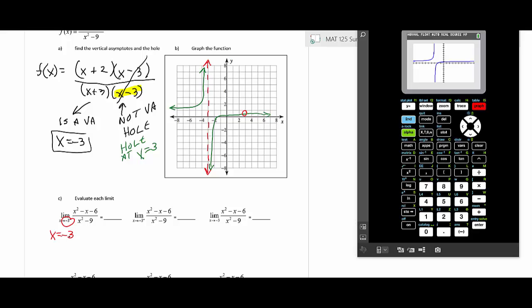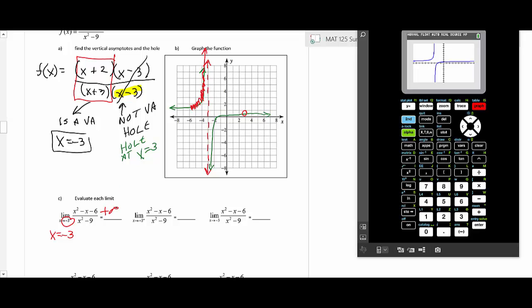So when you do a limit around a vertical asymptote, the answer is either going to be infinity or negative infinity, or does not exist if it's a two-sided limit, okay? Well, it's pretty easy to do on this. This is really the same thing as just x plus 2 over x plus 3. So you can tell on this one, what's the answer to the left-hand limit? It's going to positive infinity, isn't it?